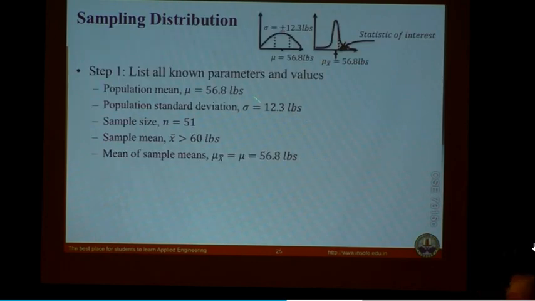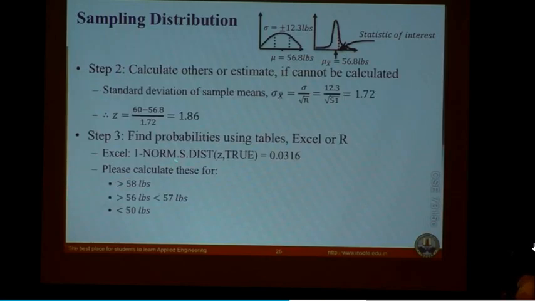So here, population mean given, standard deviation given, sample size is given. This is what I'm interested in, and I do it in Excel, or in R, I do 1 minus pnorm, and in pnorm, I'm interested in the value of 60, comma 56.8, comma 12.3 divided by square root of 51.